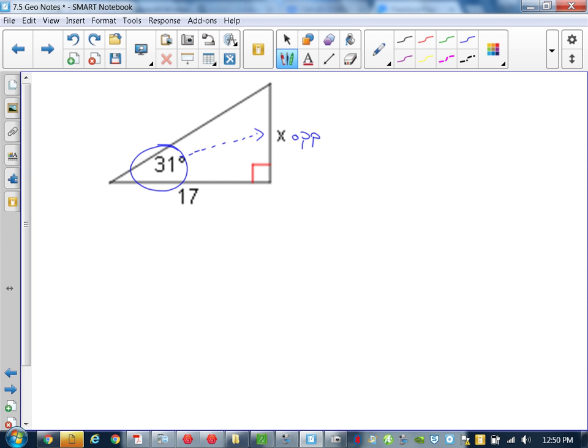Which makes the 17 a what? Adjacent. Which of the three trig functions, therefore, work with opposite and adjacent? Tangent. So you write it down. The tangent of 31 is my opposite over adjacent. I don't know what it is, nor do I care.